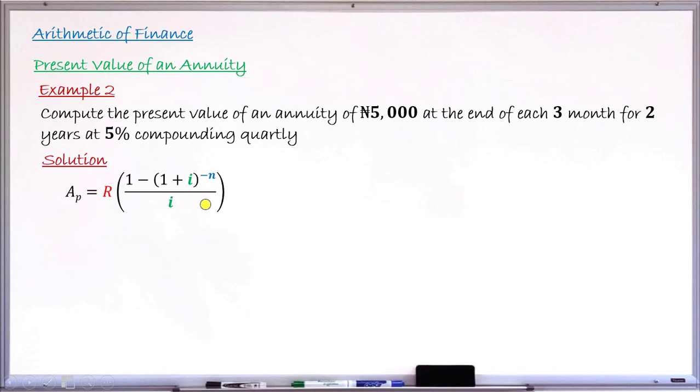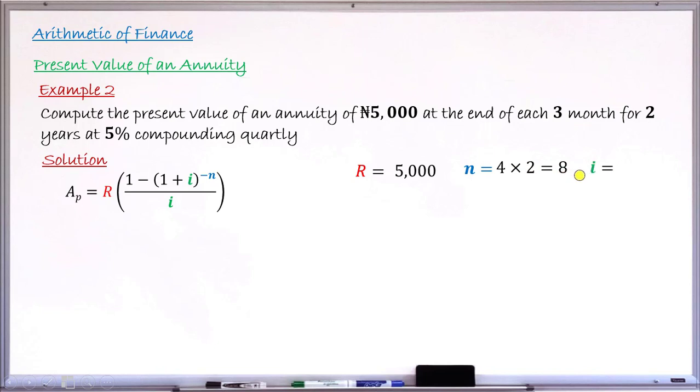So there we get our R, n, and i. Let me go on. R is the size of the payment that will be made each and every 3 months. So we have 5,000 as R. And the number of payments, n, is what we find next. This 5,000 will be paid each and every 3 months for a period of 2 years. In just 1 year, there will be 4 payments. So in 2 years, there are going to be 4 multiplied by 2, that is 8 payments.